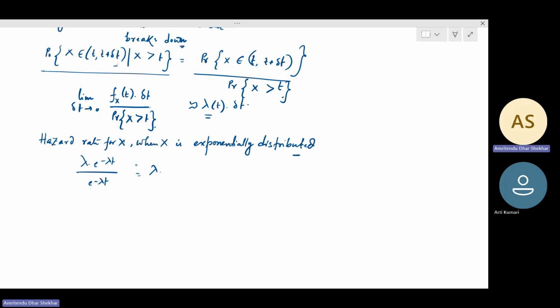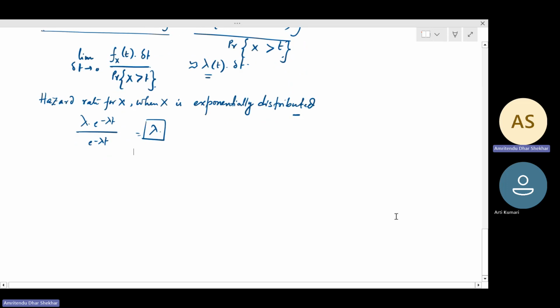So this lambda term in the exponential distribution has an obvious meaning. The lambda is the hazard rate for whatever you're trying to model. Now the thing with the hazard rate is that if you know the hazard rate of a random variable, you can recover the distribution. So let me write it down.